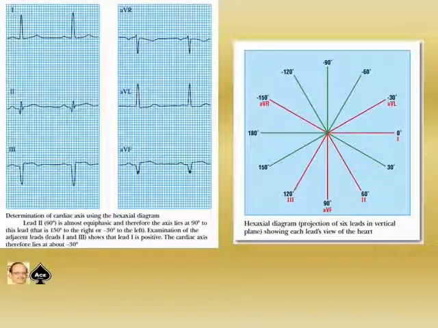So just to memorize, I will say from minus 30 positive of AVL, 0 is the positive of lead 1, plus 30 is the negative pole of AVR, then 60 is the positive pole of lead 2, 90 degrees AVF, 120 is positive of 3, and 150 is negative of AVL.